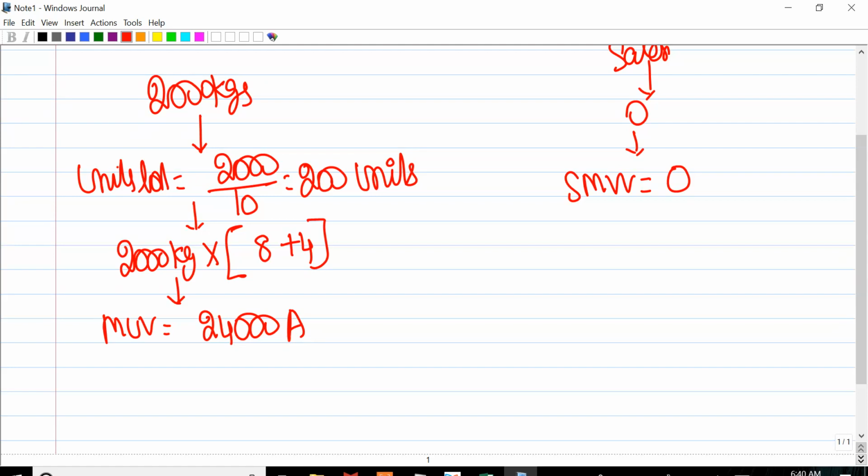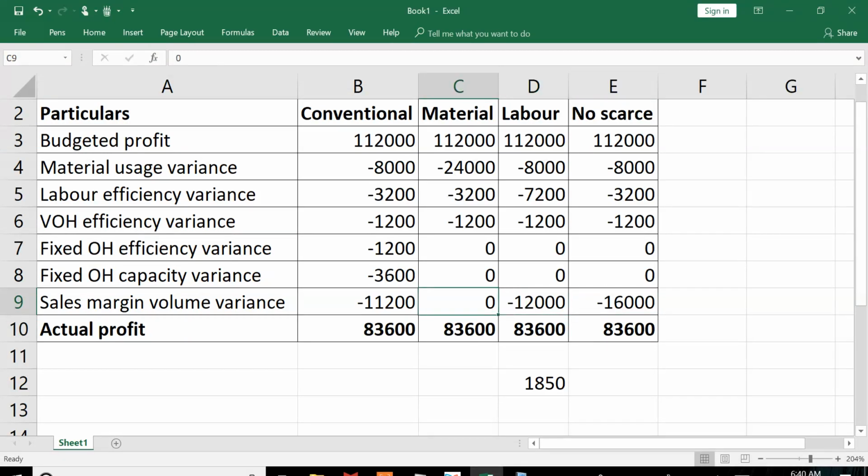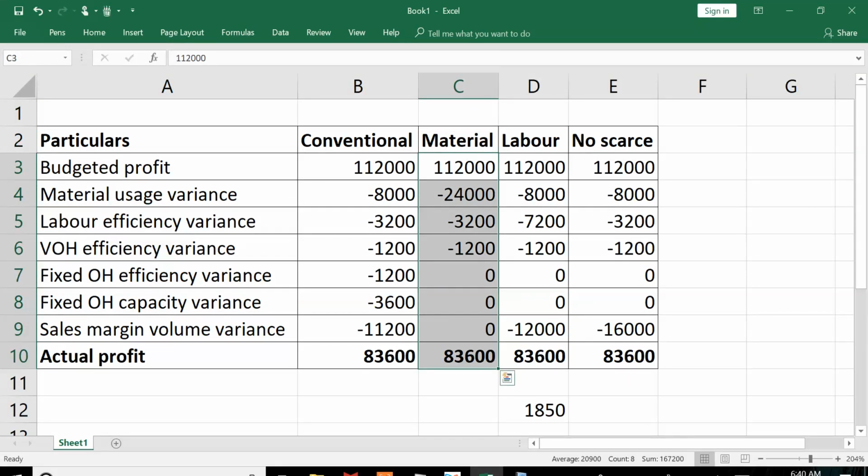Now go ahead and fill till the material part. Fill this table alone, the material scarce part. Then I will give you the notes on labor, then you can fill the labor part. Fill the material part.